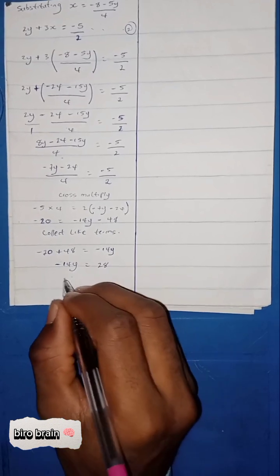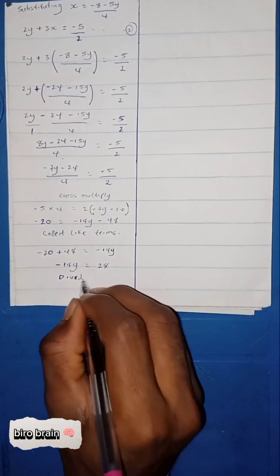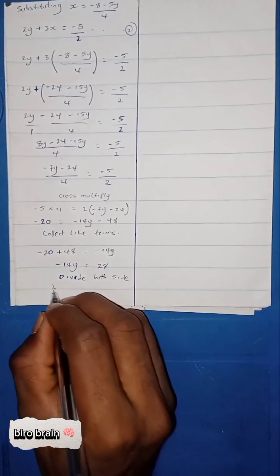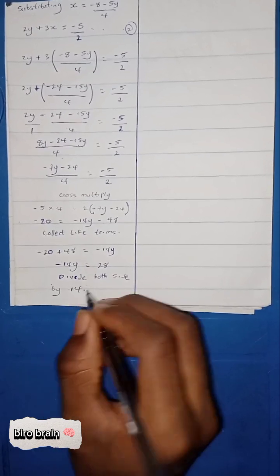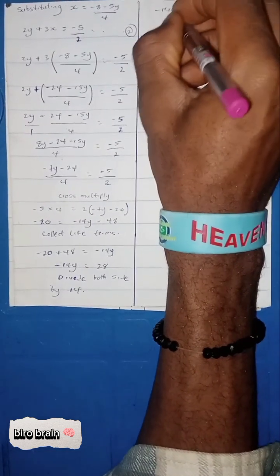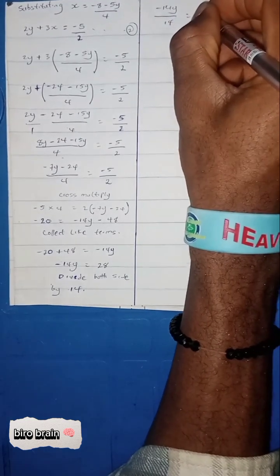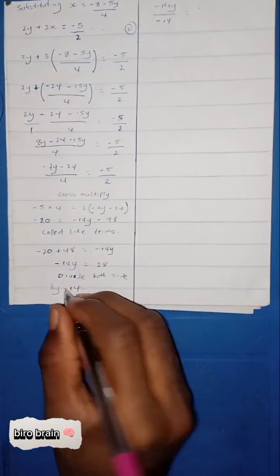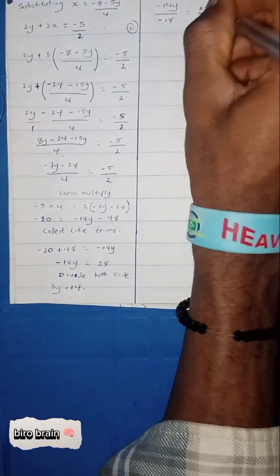When you divide both sides by 14, which is the coefficient of y, we have minus 14y over 14. Let's divide both sides by minus 14, equals 28 over minus 14.